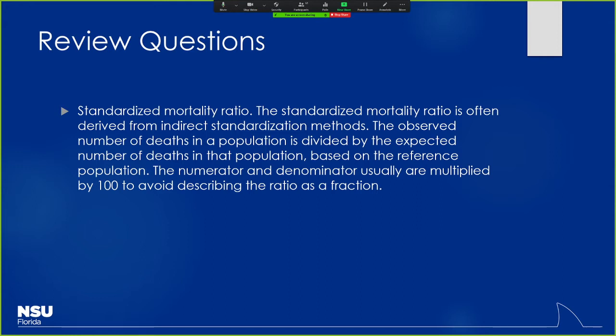That helps us change it from a fraction into an actual number of people being affected. So try to figure out what's my numerator, what's my denominator, and why am I multiplying by that constant factor. It helps us get out of that fraction and get whole numbers.